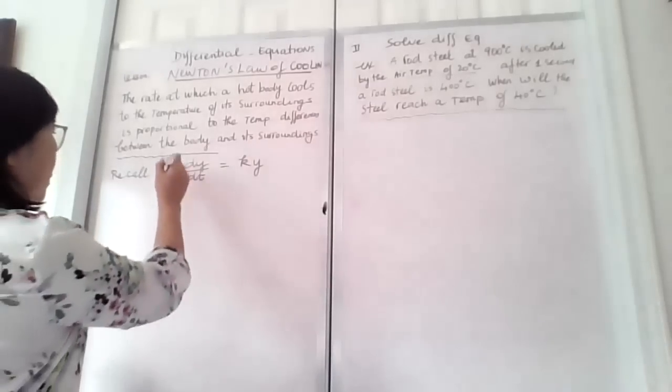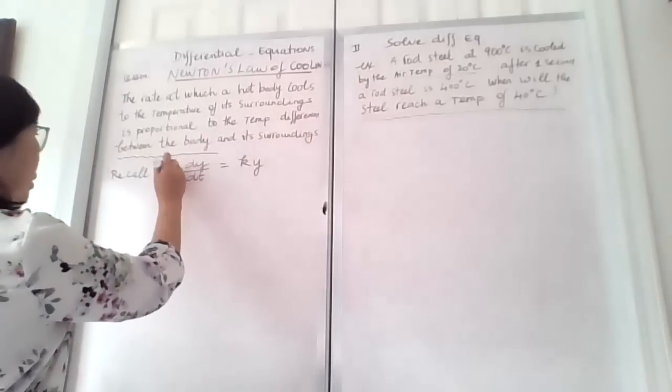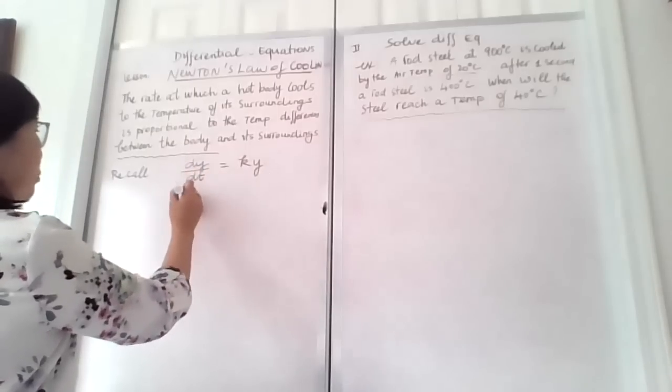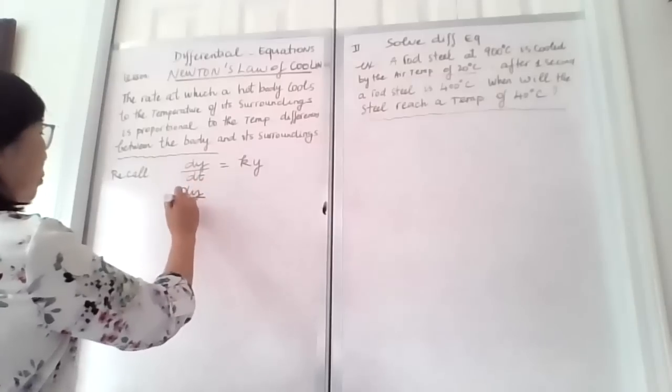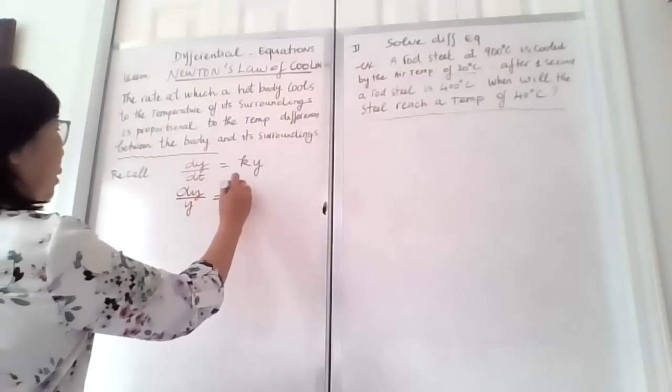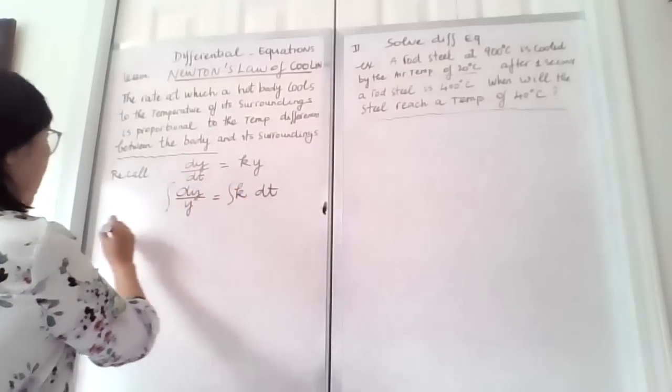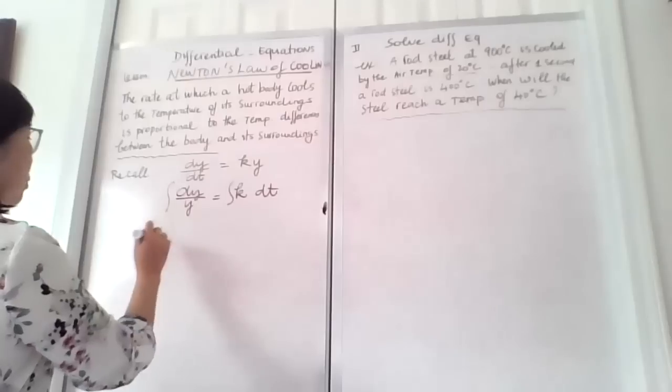And remember in the previous video, I told you if we integrate both sides, we bring the y to the left, right? We say dy over y equals k dt. And then we integrate both sides, then we continue this process.